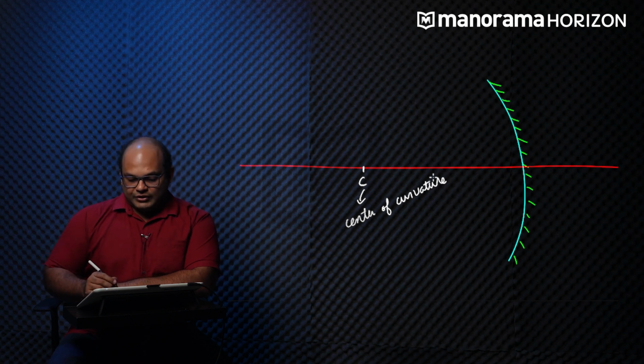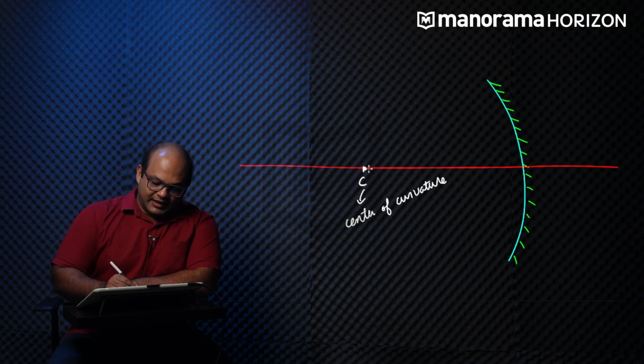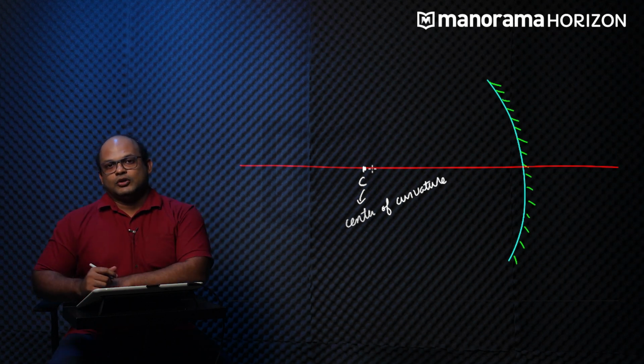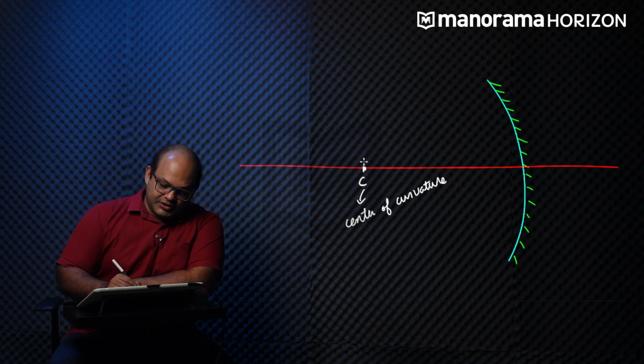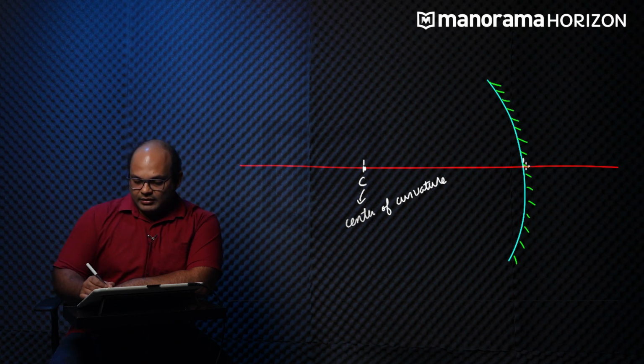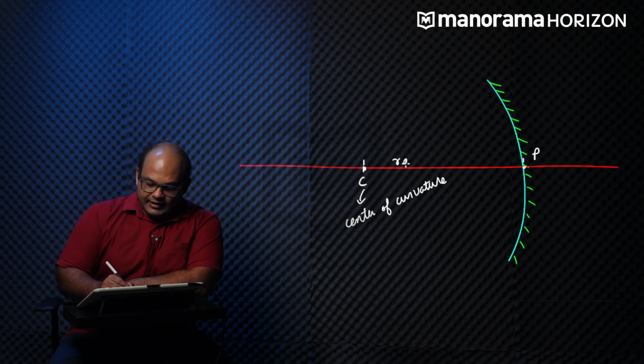So the center of curvature is a point which is at the center of the imaginary sphere from which we cut this concave mirror. The distance between the center and the immediately opposite point on the mirror, which we call the pole, is the radius of curvature.